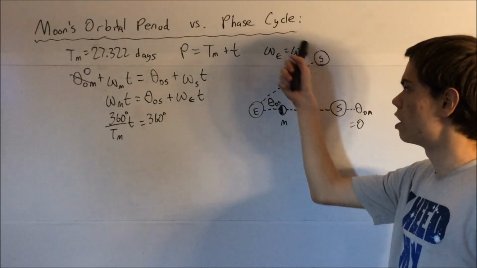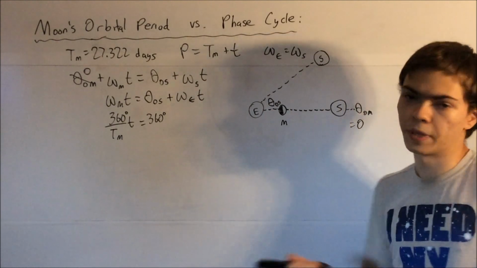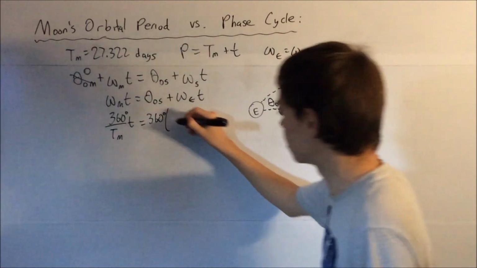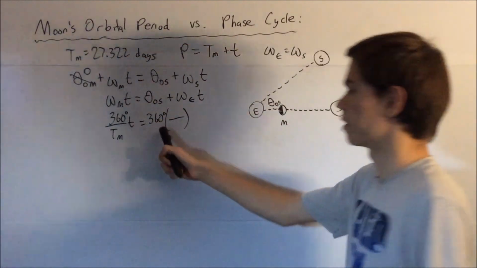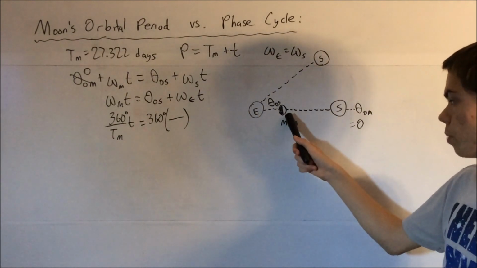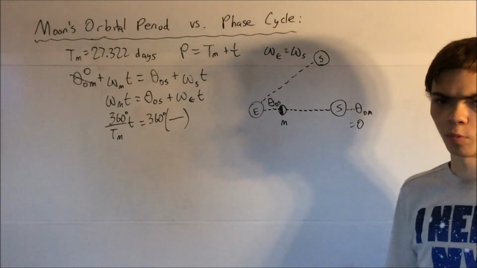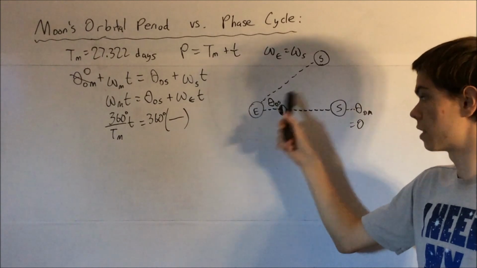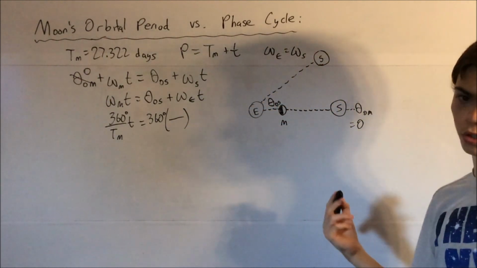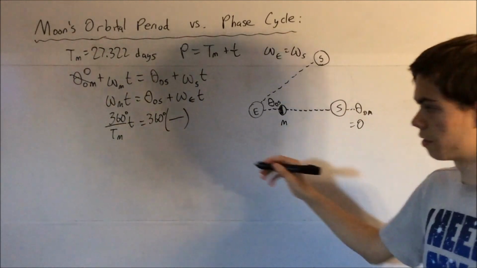Ultimately, the sun moves a full revolution around the Earth, or it appears to. If we were to say what fraction of 360 degrees that is, it's the orbital period of the moon divided by the orbital period of the sun around the Earth. The orbital period of the sun around the Earth is equal to the orbital period of the Earth around the sun.